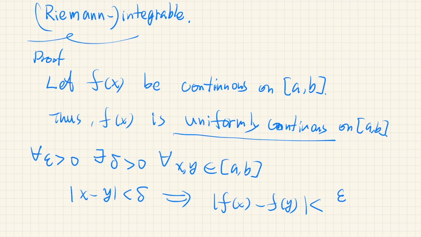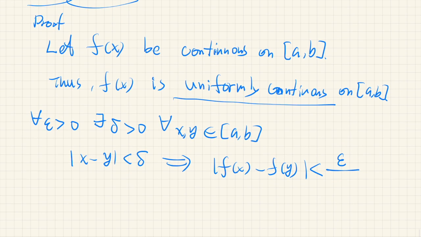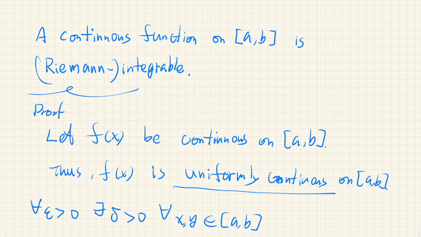But in this case, instead of just simple epsilon, we use epsilon over b minus a, because that will be more convenient for our purpose of proving the integrability of the function.